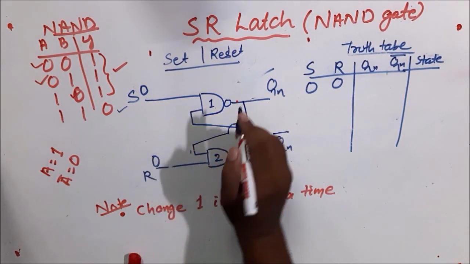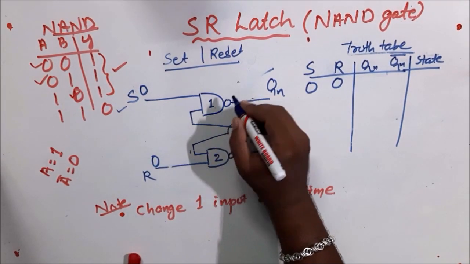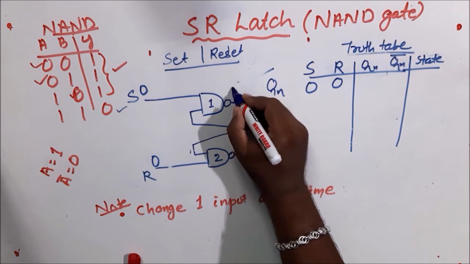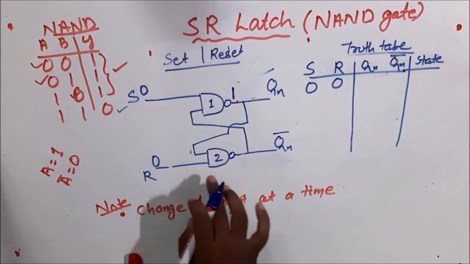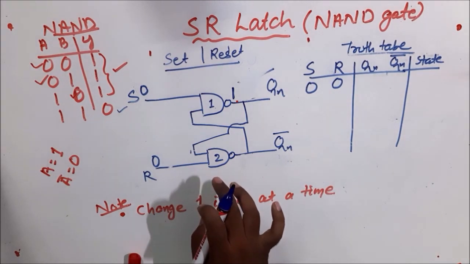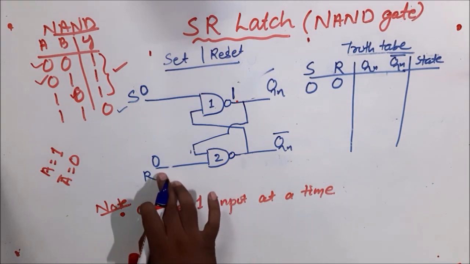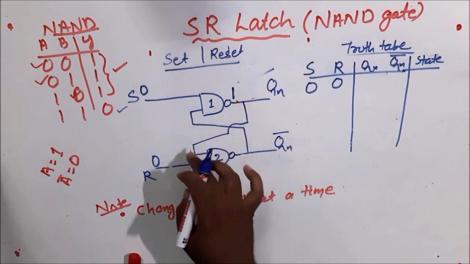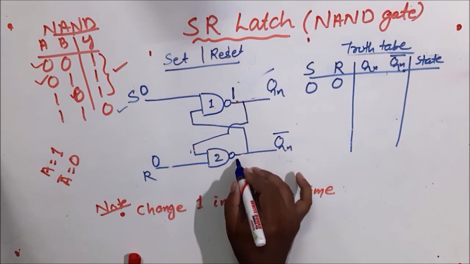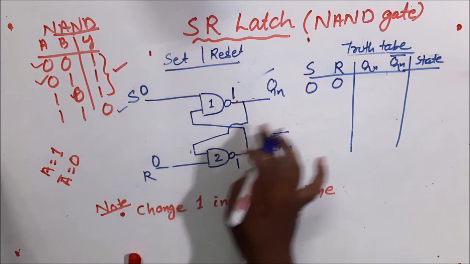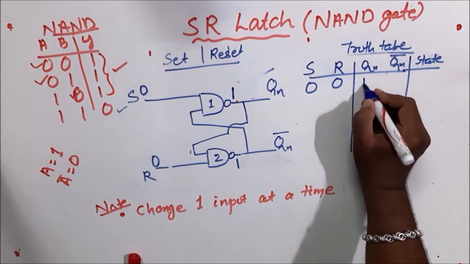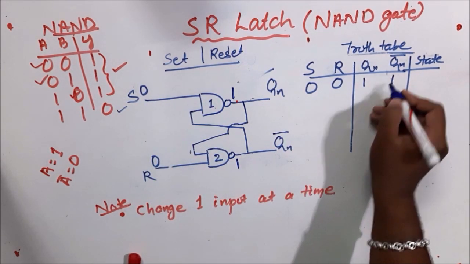So the output of NAND gate 1 becomes 1. Similarly for NAND gate 2, one input is 0, so irrespective of the other input, the output also goes to 1. So for S and R equal to 0, 0, we get Qn as 1 and Qn complement as 1.